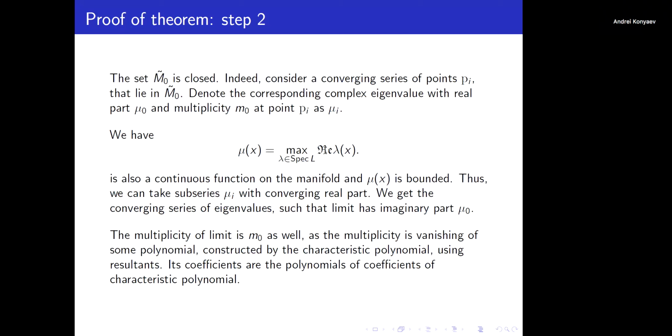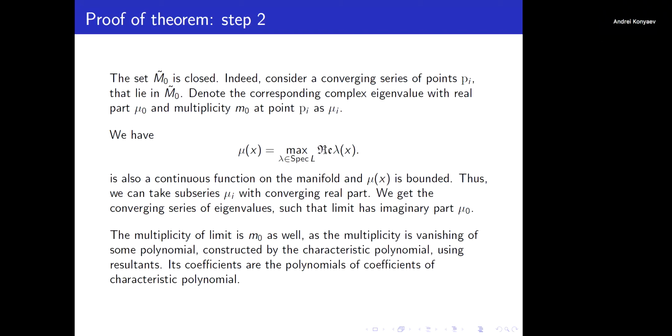It means that it vanishes in the limit because it's a continuous function. So we get that the multiplicity in the limit is at least M0, but M0 is the largest multiplicity, so it is M0, right? Again, we take a converging series, a subseries for the real parts to converge, and the limit has the same imaginary part. The multiplicity of the limit could be greater than M0, but it cannot, because M0 is the largest.